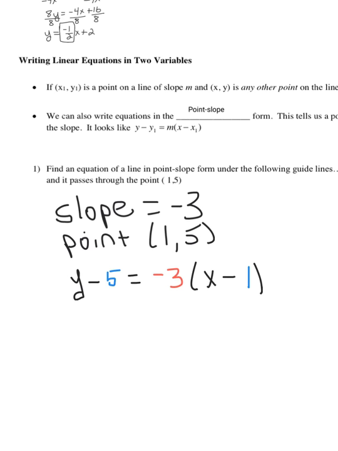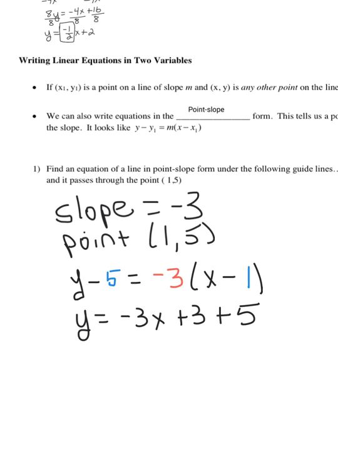All right, so after substitution, this is what it'll look like. This is my x1, this is my y1. So in my equation, I would write y minus y1 equals m, which is my slope, and that's already given to me, -3. -3 times the quantity x minus x1, which in this case x1 is 1. And then I'm going to simplify.